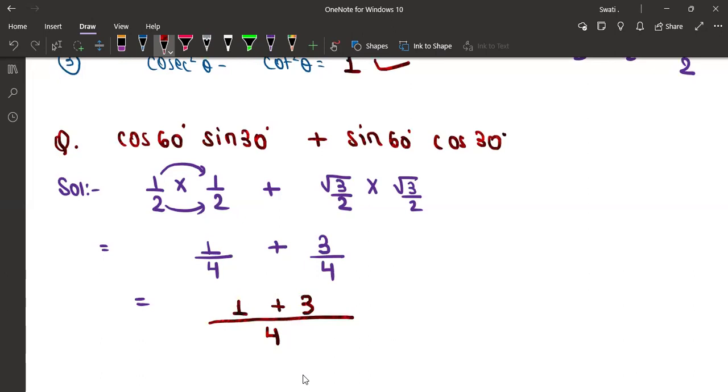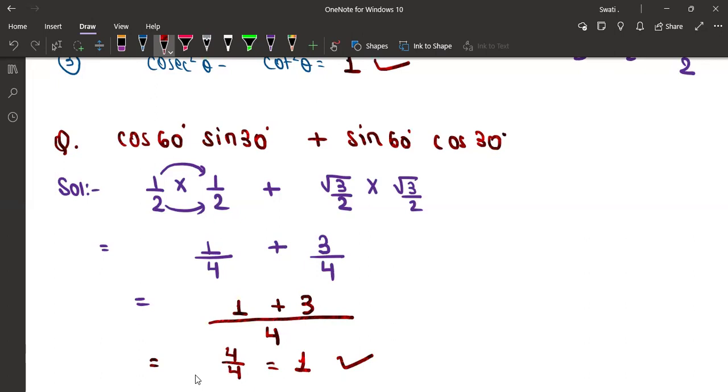That I had explained. Got it? Yes. So, next step, what is the answer? 4 upon 4, and the answer is 1.